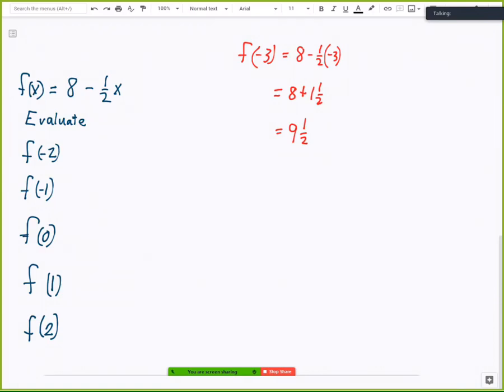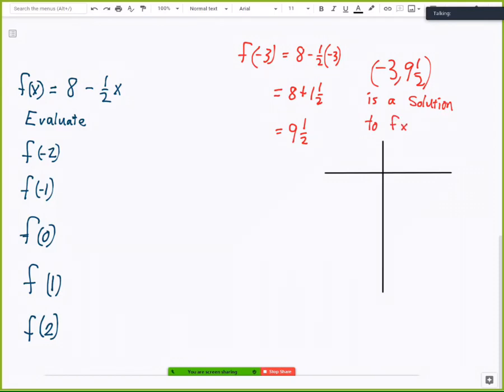I have discovered what's called a solution to the function equation. Specifically, the point negative 3, 9 1/2 is a solution to f of x. The reason being, if I put in negative 3 for x, and if I put in 9 1/2 for the y, I'll have a true statement. Both sides will be 9 1/2.